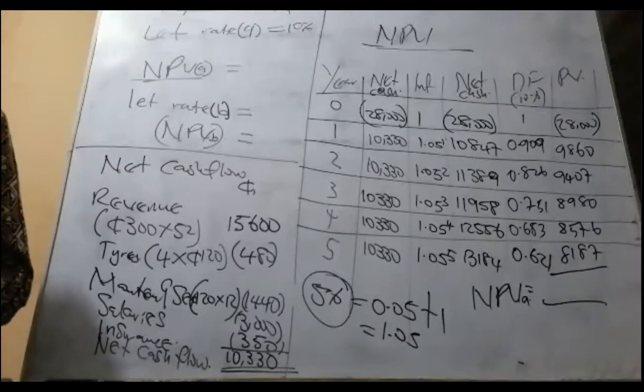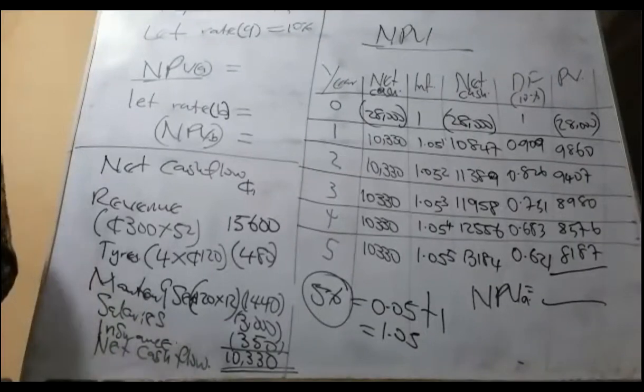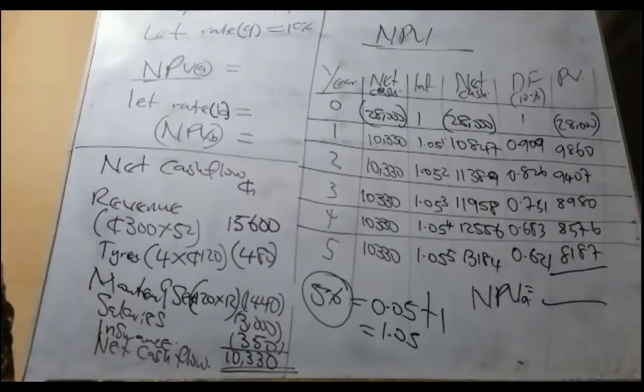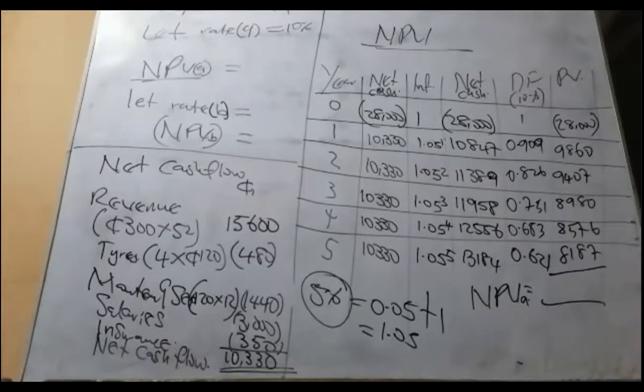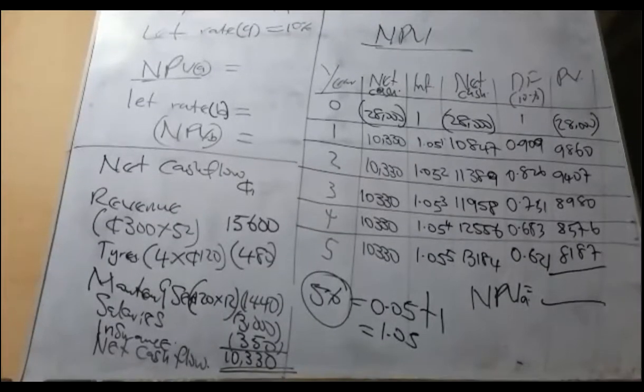Putting all this together, we have 17,010. That is the first NPV. Perfect. So the first NPV is positive.